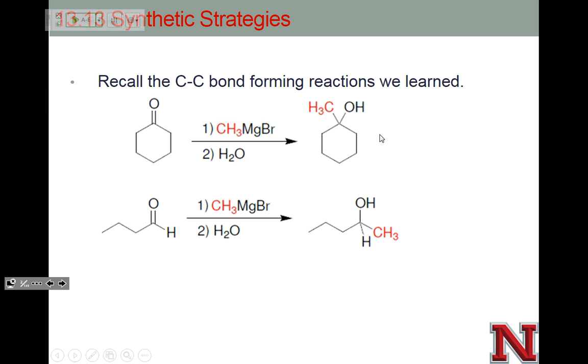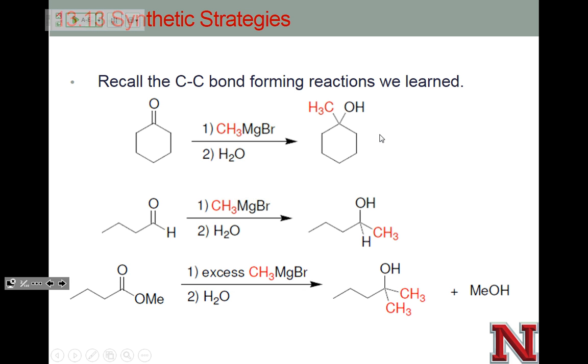If we have an aldehyde or a ketone, we get one addition because hydrogen and carbon are not good leaving groups. So we attack the carbonyl carbon, breaking the double bond and putting the electrons on the oxygen. The other thing that can happen is the Grignard can react with an ester because we have a decent leaving group in oxygen.